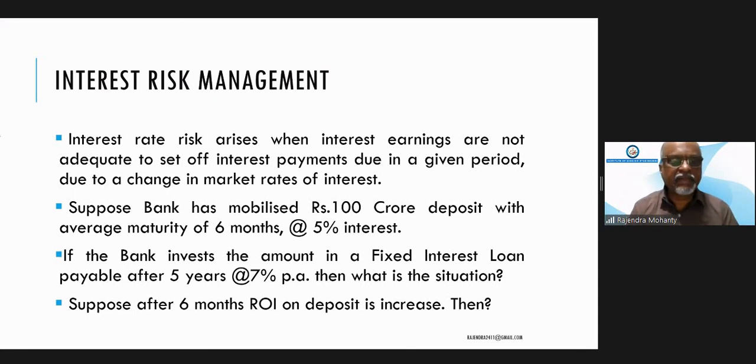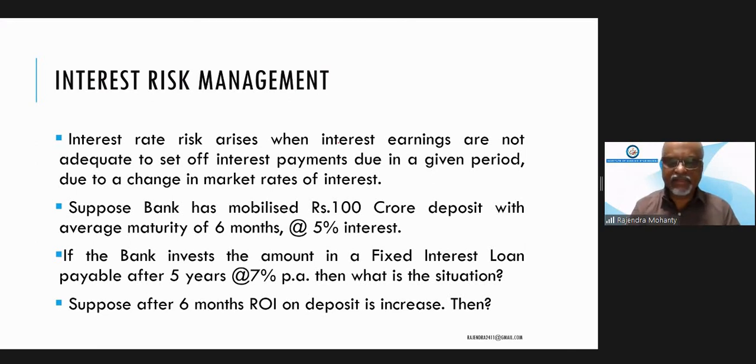Suppose the bank has mobilized 100 crore deposit with average maturity of 6 months at 5% interest. So your deposit liability is 100 crore for 6 months, and you are paying 5% interest. If the bank invests that 100 crore in a fixed interest loan repayable after 5 years, and the bank is earning 7% interest, then what is the situation?